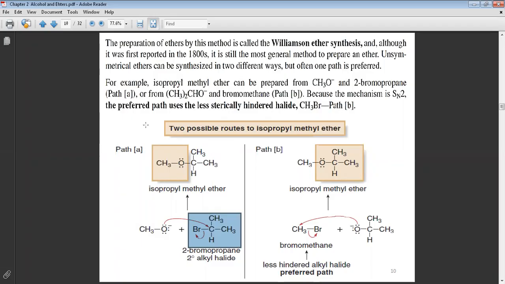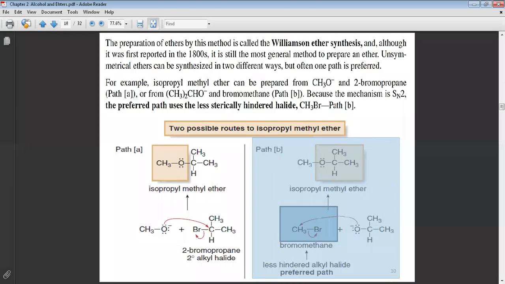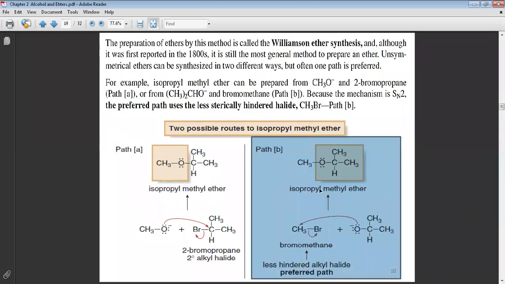And he said the preferred path uses the less sterically hindered alkyl halide. Which has less steric effect, this or this? This one. That means this way is the best. This is not wrong, but this is the preferred one. This is the easy one, and this is difficult.